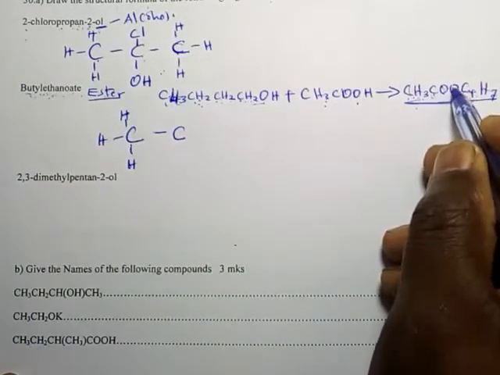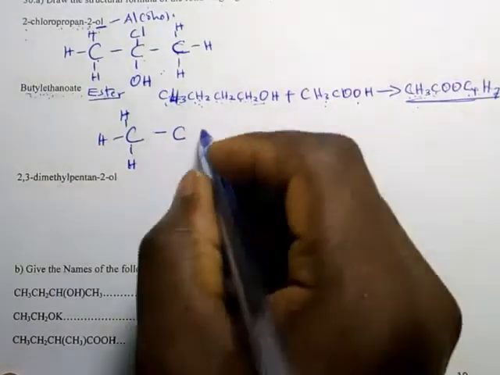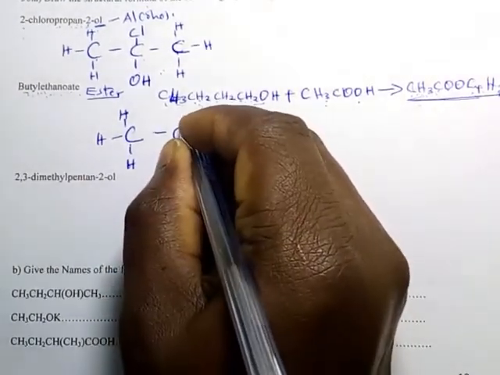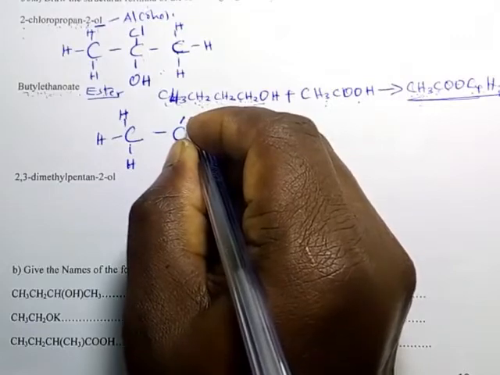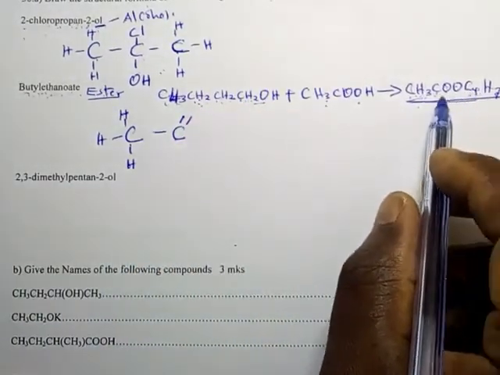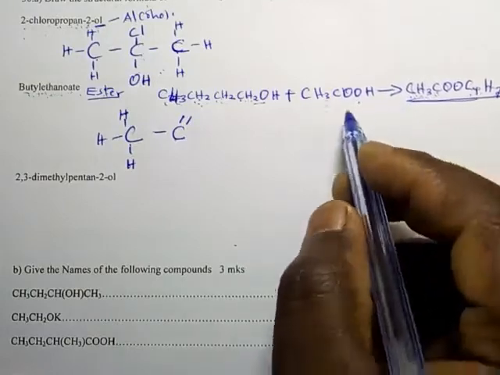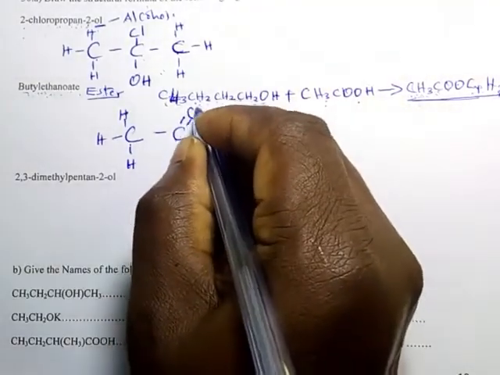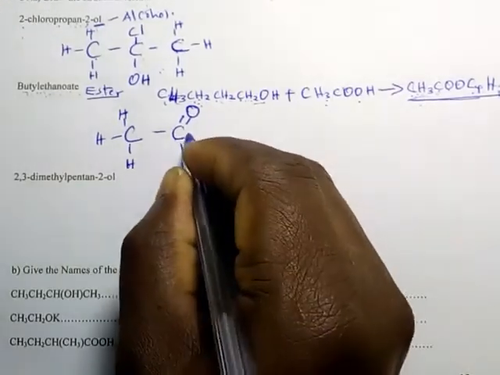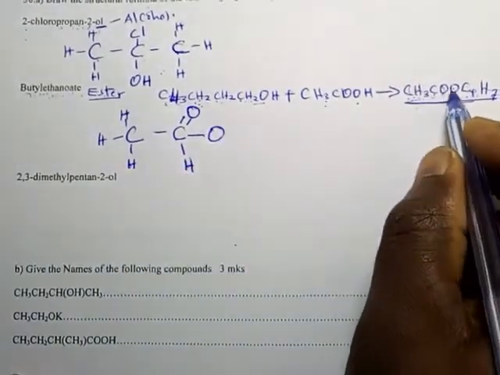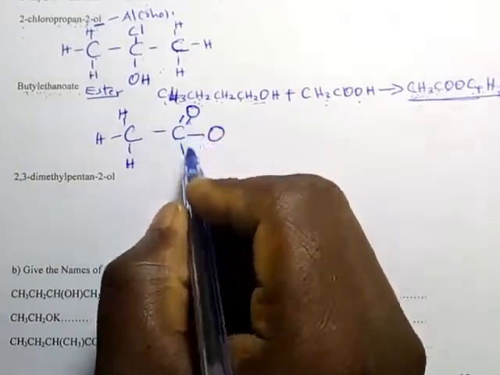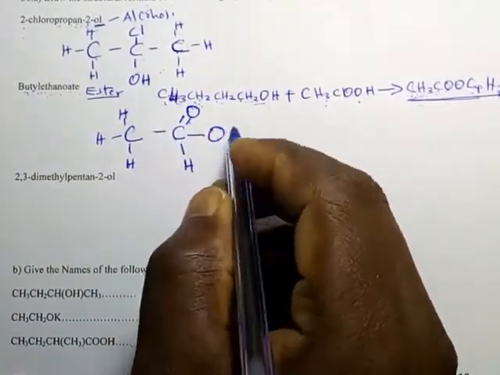When we have 2 oxygen atoms like this, it means one has a double bond, and then we have another one which has a single covalent bond.